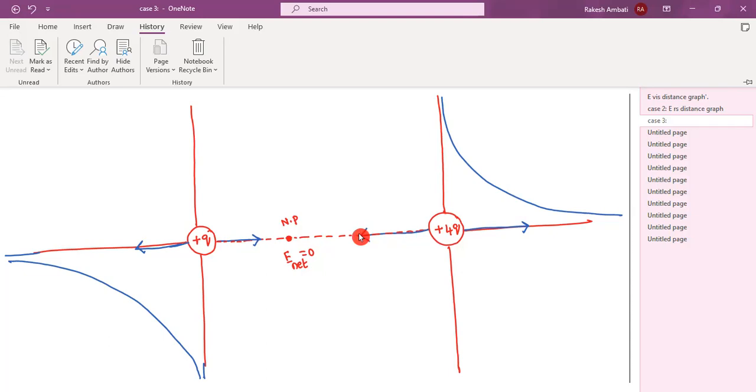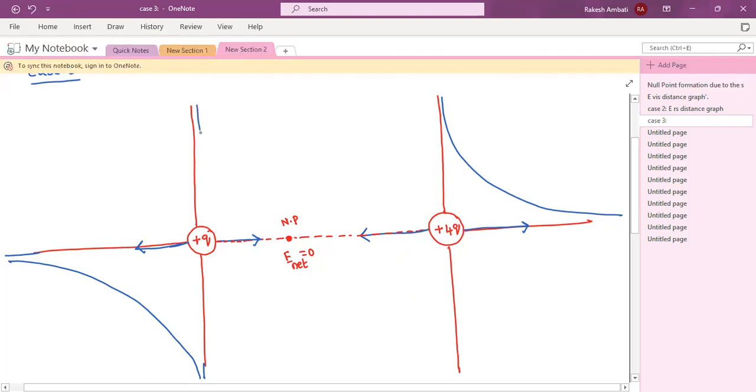If intensity is in the negative direction, we have to draw the intensity graph on the negative side. So by keeping these points in mind, the graph will be like this. So this is the graph.